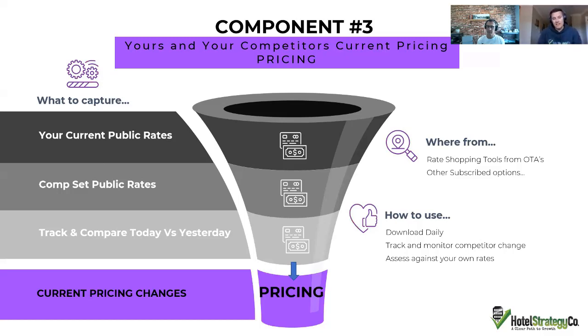Some OTAs actually do give you access to that information. Alternatively, you can use specific software that does that for you as well, like OTA Insights or Rate Gain or something like that, and they actually collect that data for you. You then want to overlay that and compare changes that have happened to the rate, so you can quickly see what sort of changes have happened both for yourself and in the marketplace in regards to rates.